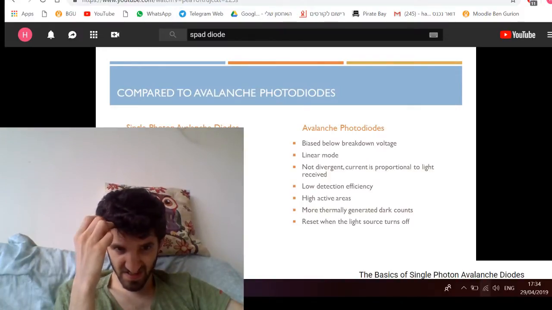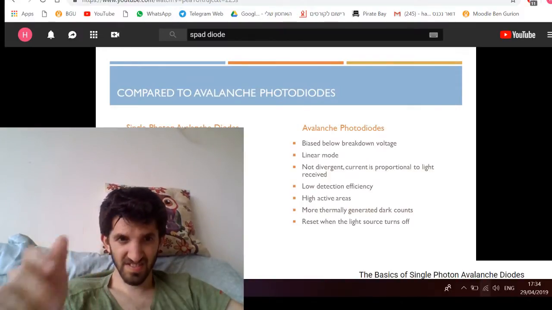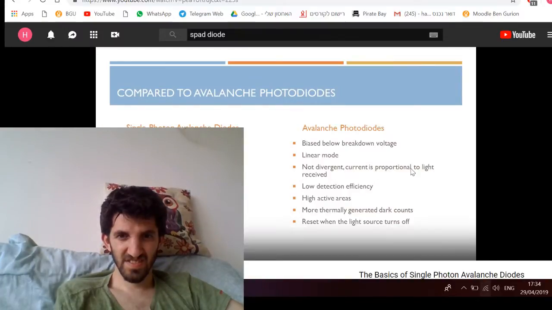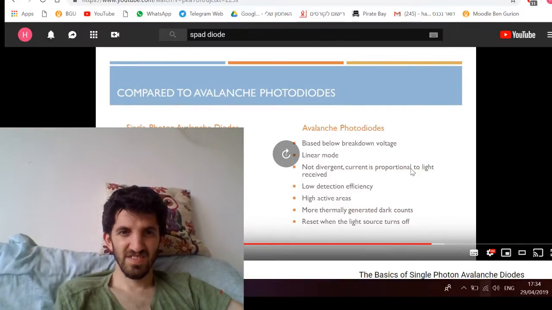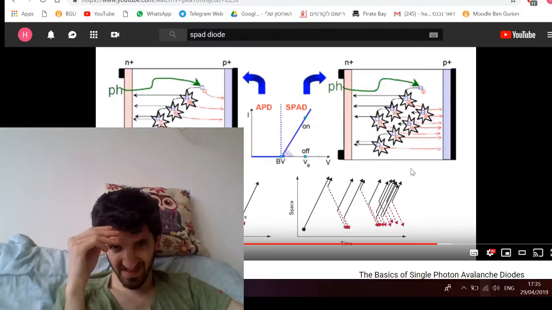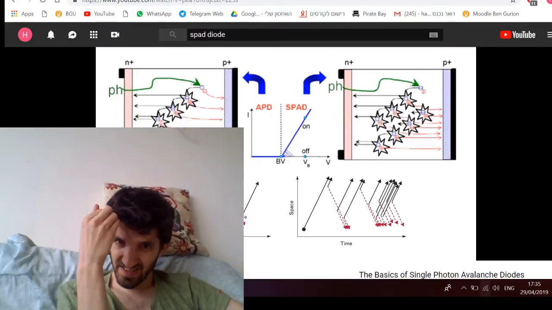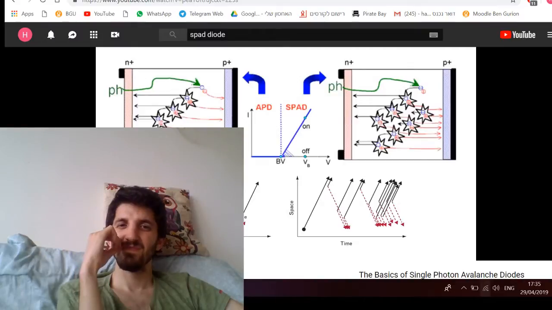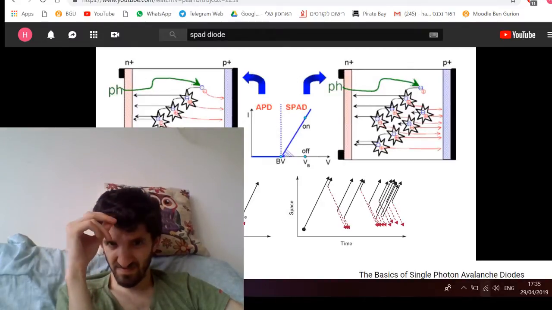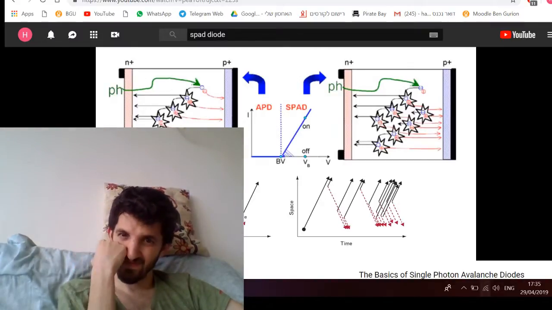Although they both use the avalanche effect, the single photon avalanche diode is divergent, while the avalanche photodiode has a higher result. You can see the difference in generation between avalanche photodiodes and single photon avalanche diodes. In the avalanche photodiode, the bias is below the breakdown voltage. It has a lesser electric field than that of the single photon avalanche diode, but enough for a photon to generate an electron-hole pair that can then generate another.